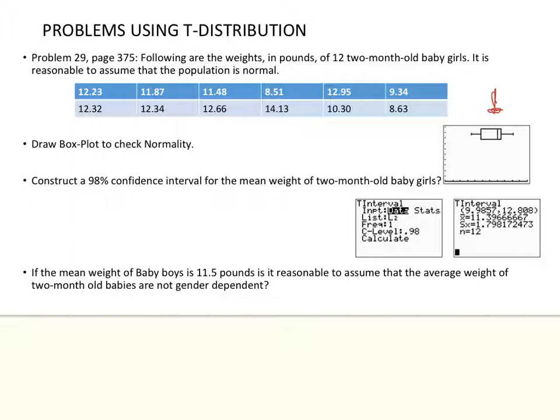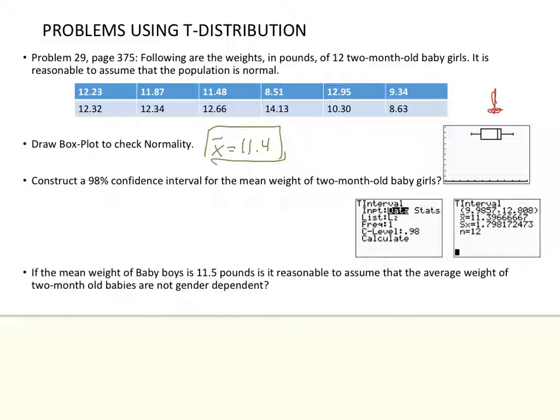Well, in this particular case, we know when we put this data into the calculator, we will find that x bar from this data set is 11.4 approximately. So from the data set, we get our point estimate.